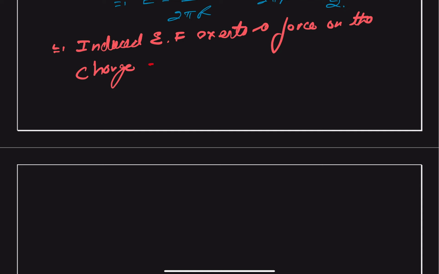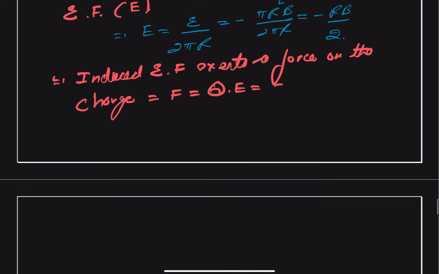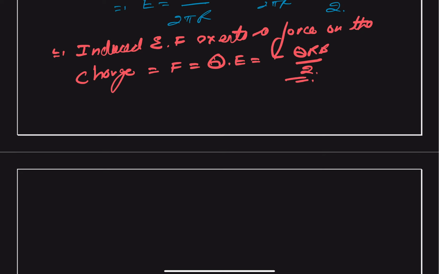And let us suppose that force is given as F, which will be equal to charge multiplied by electric field, and we substitute the value of the electric field. This comes as minus of q r B divided by 2. And this force provides a torque.